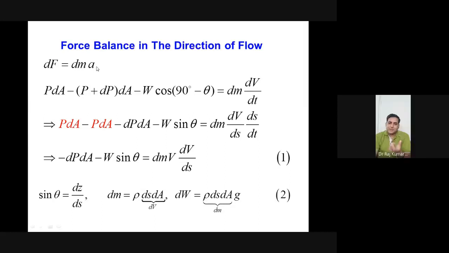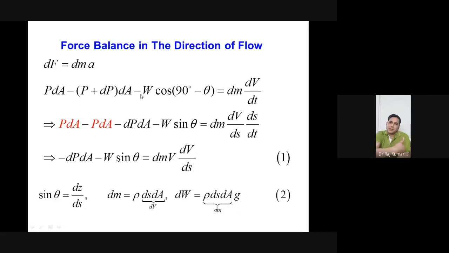Yes, sir. Right? Now you have force balance: you have pressure from this side, and from that side also some pressure is coming. So this side pressure P dA, and that side pressure, so you have minus of that, (P plus dP) into dA. Body weight always acts downward, W, and its component is going to this side, cos(90 minus theta).